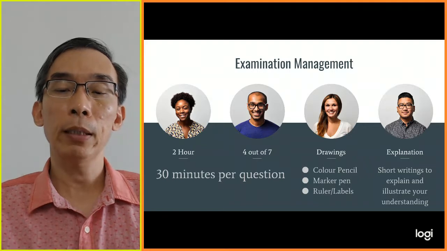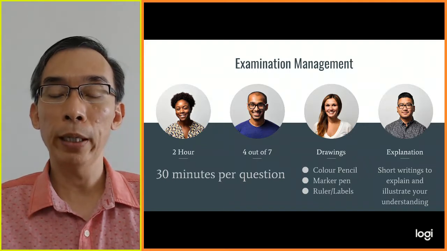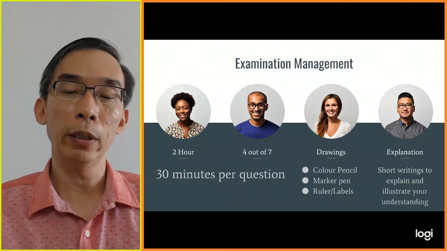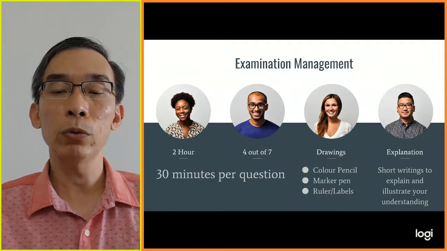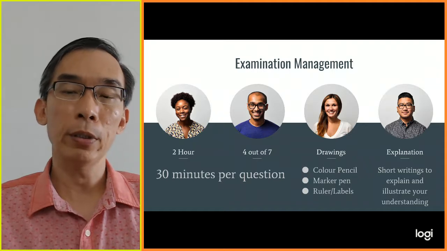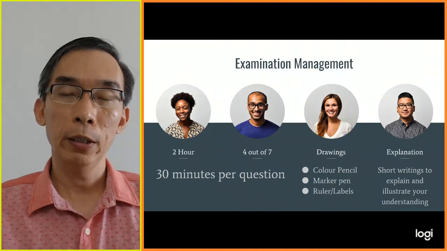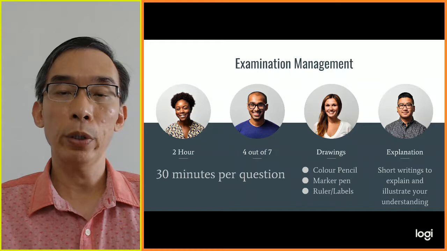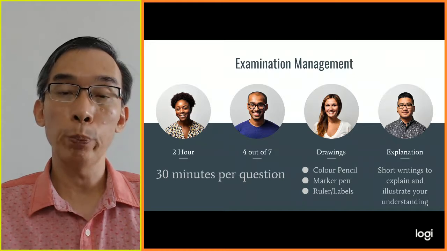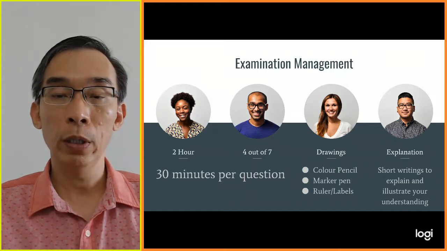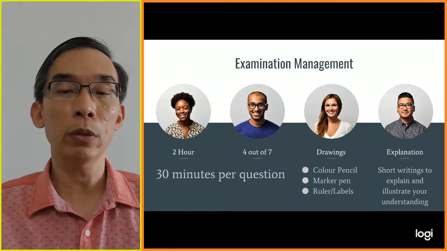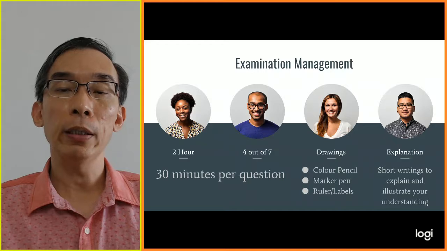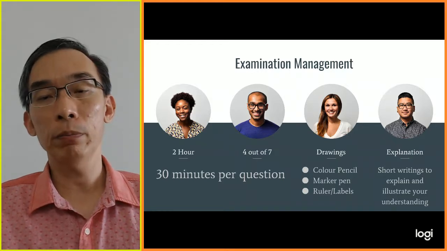Ruler and labels are normal. Some people never bring a ruler to the exam because every time they just do freehand line drawing. This is quite bad, especially in drawing inside the exam where you are doing a building technology paper. The lecturer or the marker is very particular about drawing, because their specialty and area of expertise is building and building drawing.